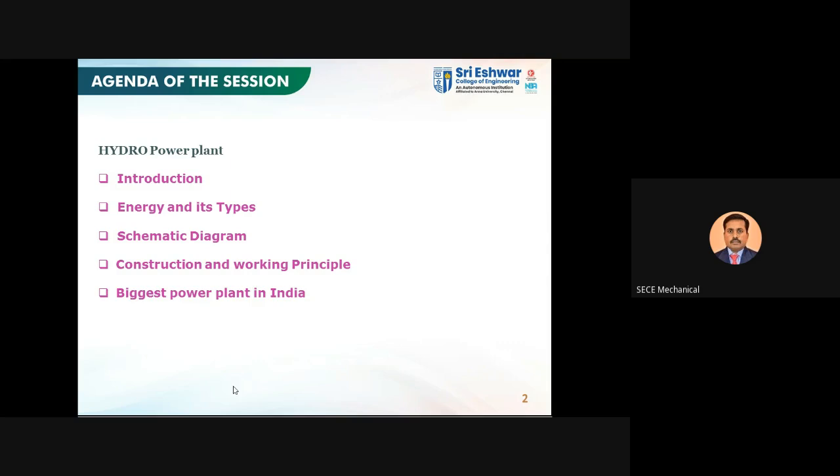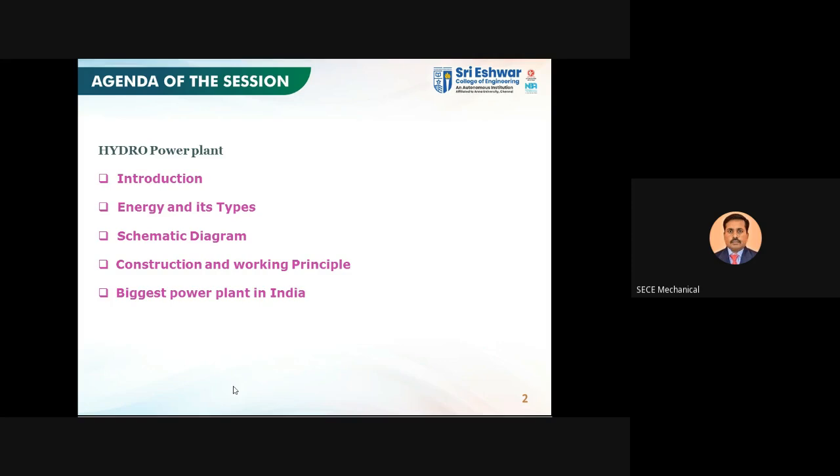The second is that you cannot run this kind of power plant in all areas, because only where the water source is abundant can we construct this type of power plant. You need a water source, then only can we develop the power. So we can go with this kind of power plant in mountain areas and higher rainfall areas.